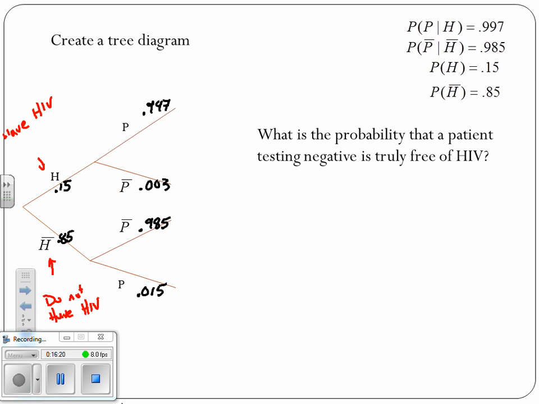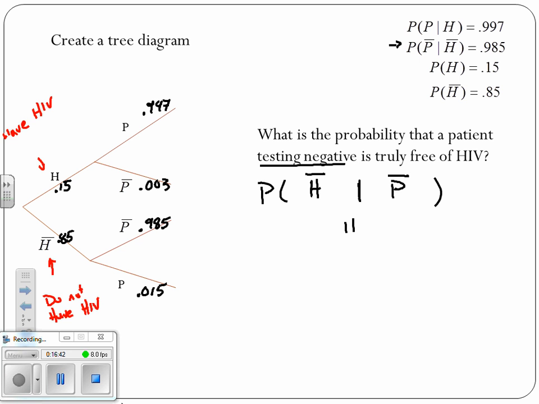In other words, what we know about them is they've tested negative. So that's given that their test is negative, remember not P, not positive is negative, what's the probability that they do not have, that they don't have HIV? Different than up here, same letters but different order.